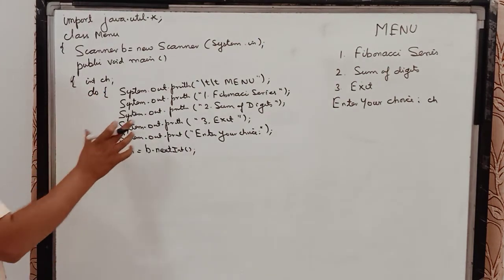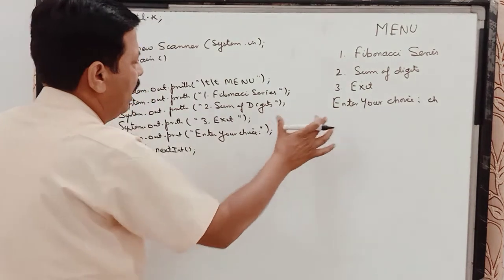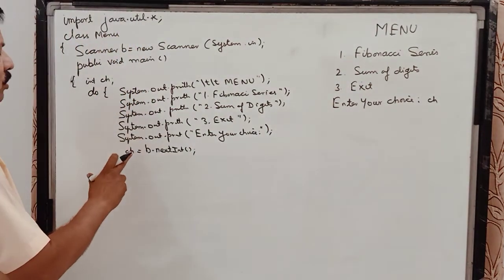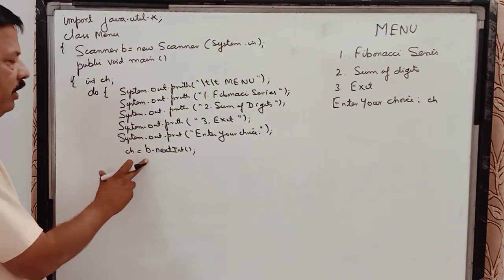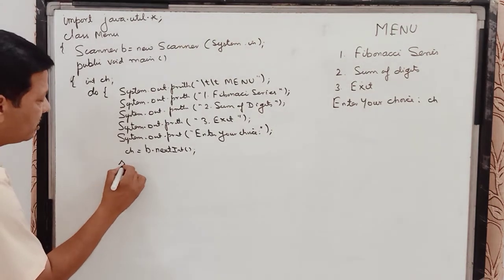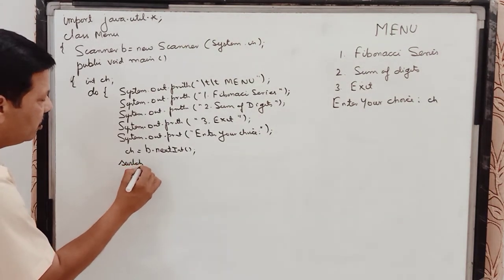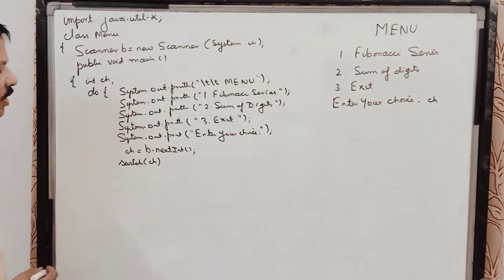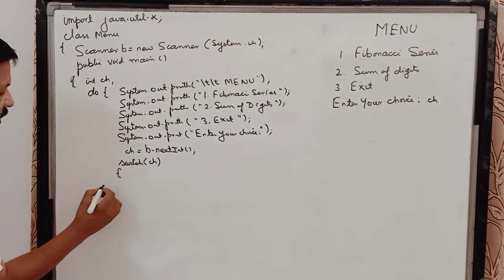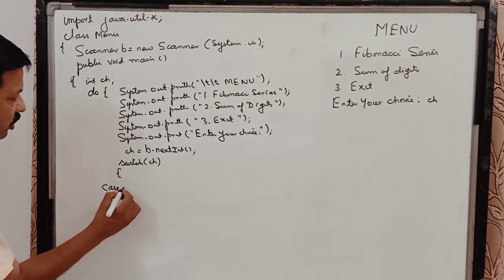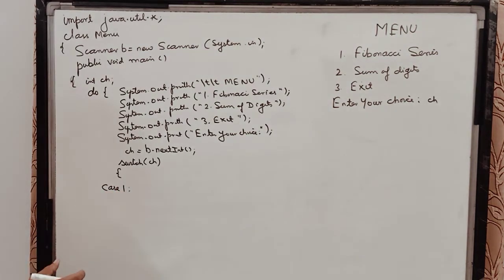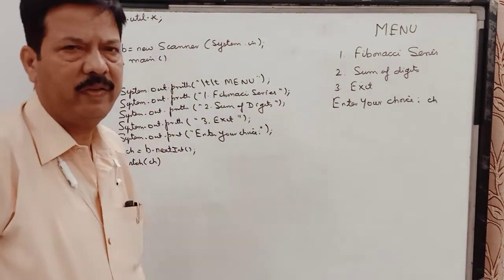Now children, this menu gets displayed and the user is asked to enter the value here in ch. Now ch I am going to use in my switch statement. So switch ch, and if my switch ch value is 1, then I am going to perform a program on Fibonacci series.